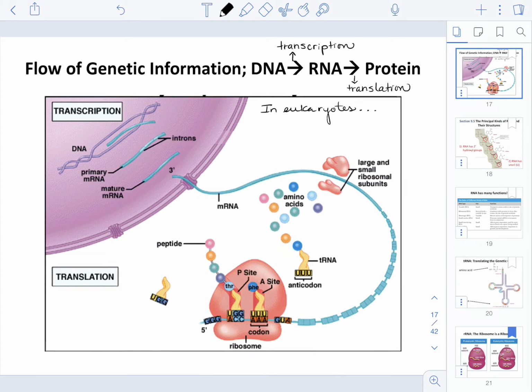In the cells of these organisms, because we have separate compartments, we see that the processes of transcription and translation are in particular areas of the cell.